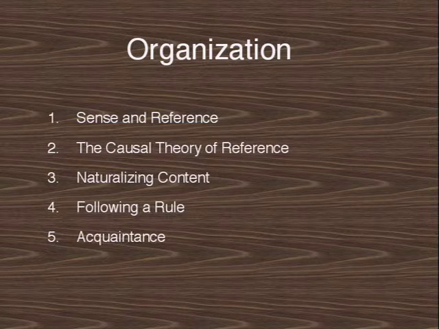And we'll go on to look at these questions about how there can be such a thing as meaning in the world that science describes, and what the relation is between having a language, having meaning, and being embedded in a society.